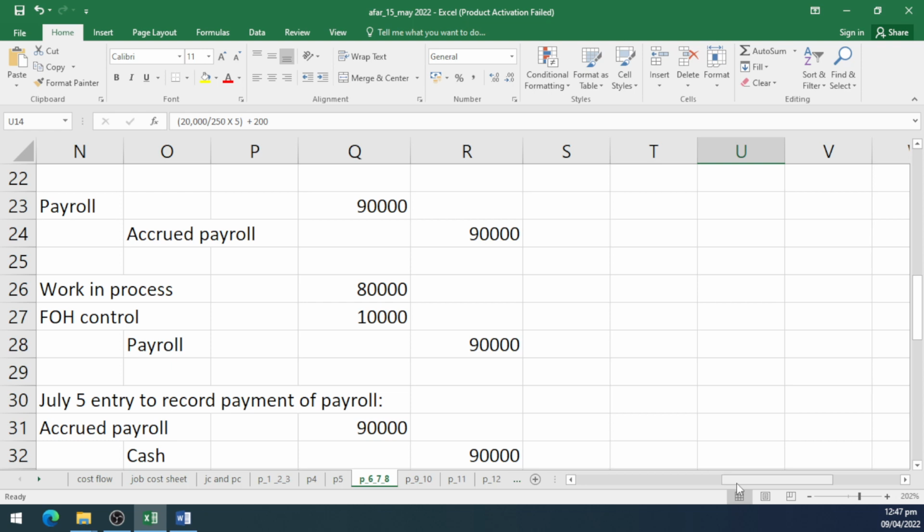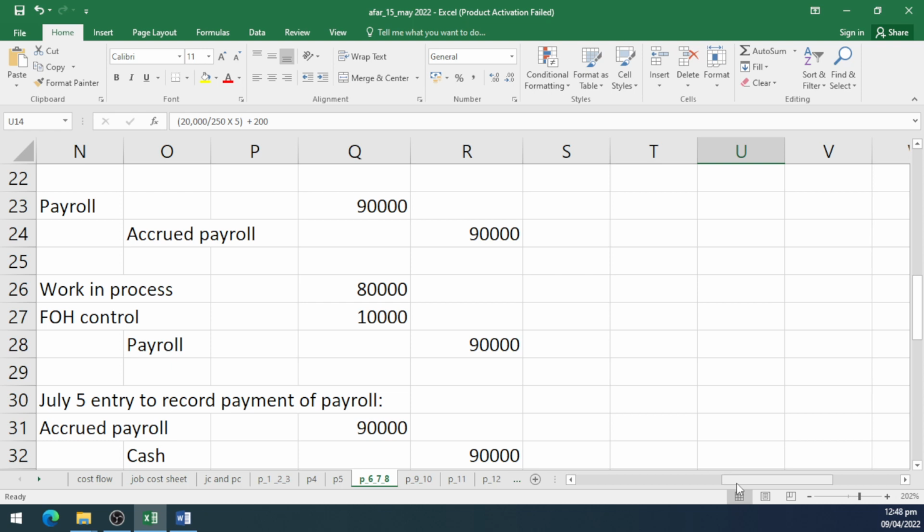Then, to distribute or to close the payroll account na 90, 80,000 doon DL, 10,000 indirect. So, debit work in process, 80,000. Debit to factory overhead control, 10,000. And close the payroll account, 90.